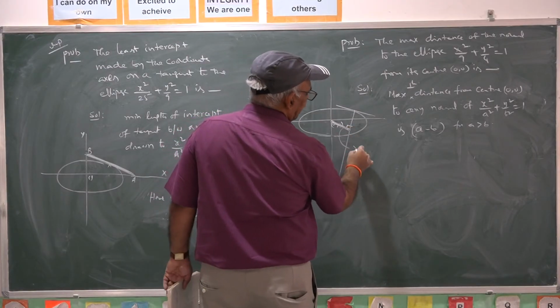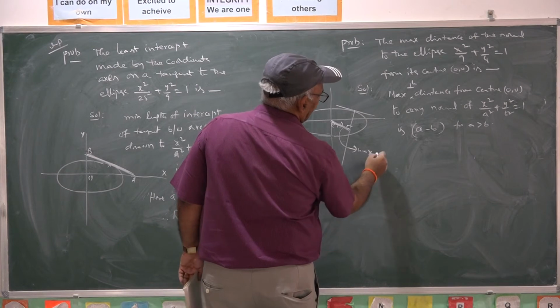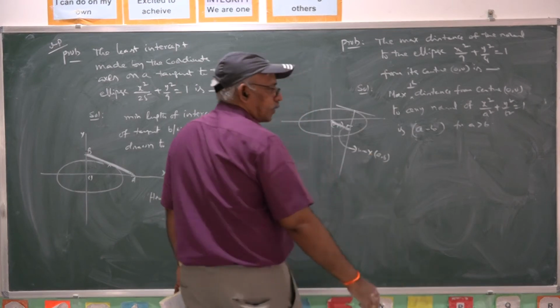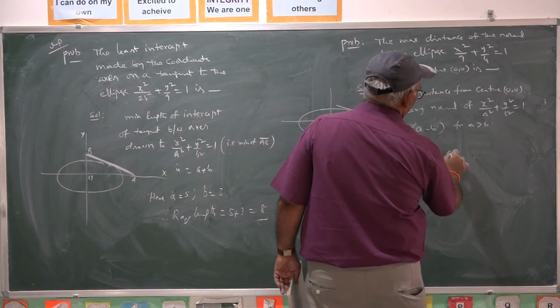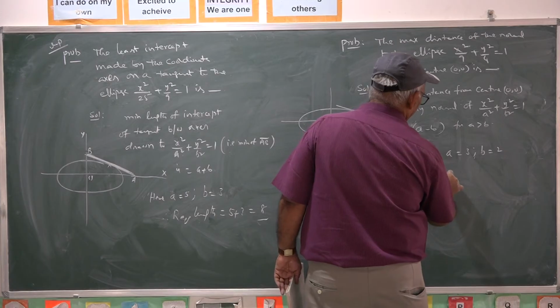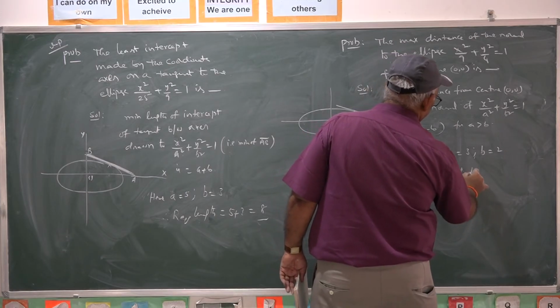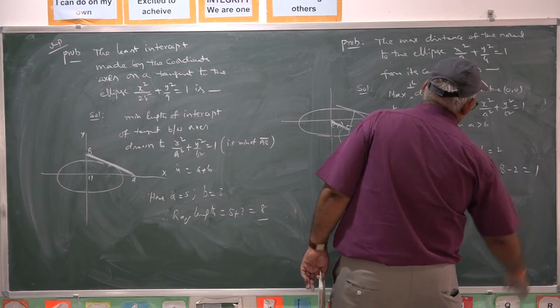The maximum value of that distance is a minus b. So here a equal to 3, b equal to 2, the maximum distance is 3 minus 2, 1. The required value is 1.